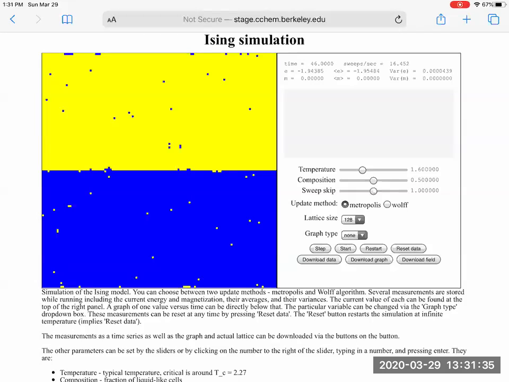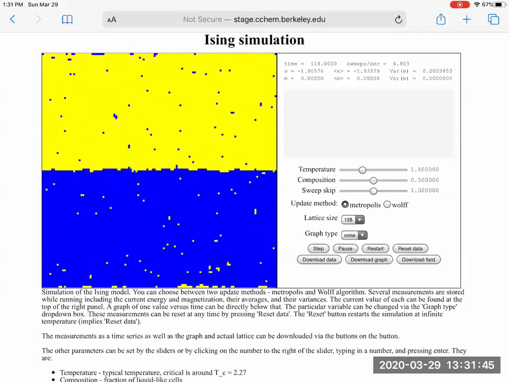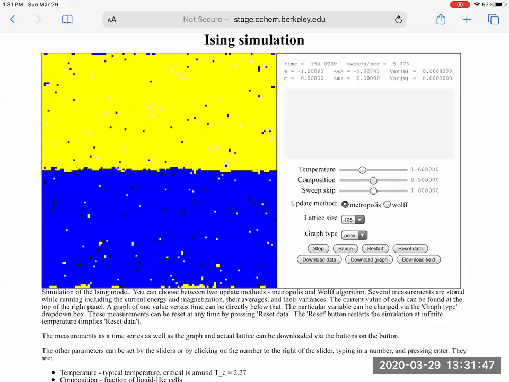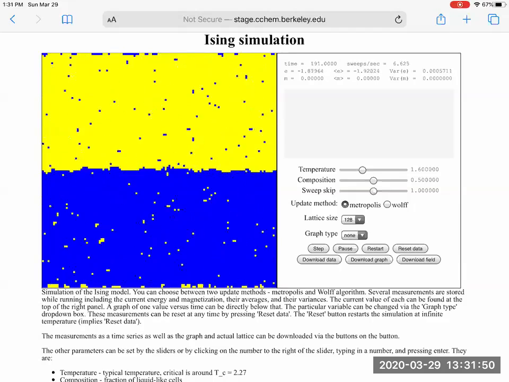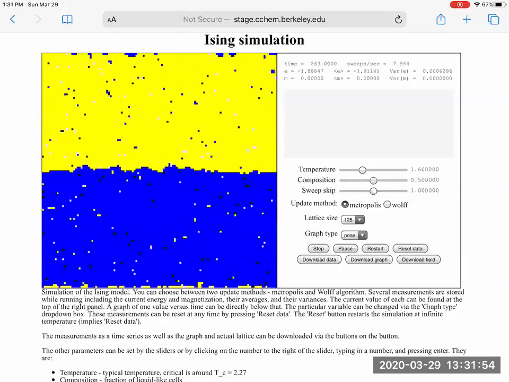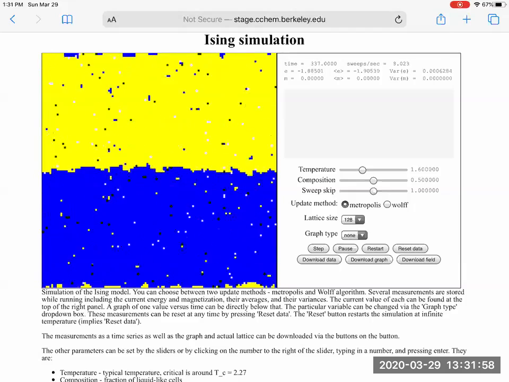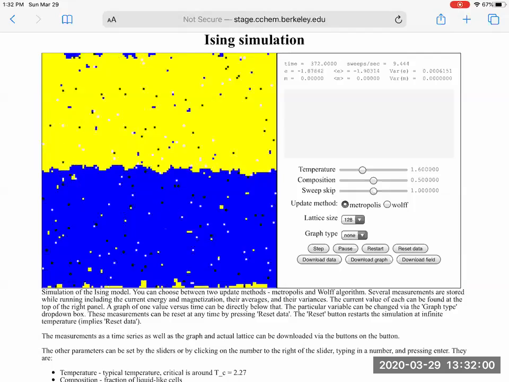This is a square lattice where I'm starting at a temperature below the critical temperature. If I allow this simulation to evolve, I see that on average there is a flat interface separating the locally liquid-like regions from the locally vapor-like regions. At finite temperature, there is some amount of liquid-like cells in the vapor, and some amount of vapor-like cells in the liquid.